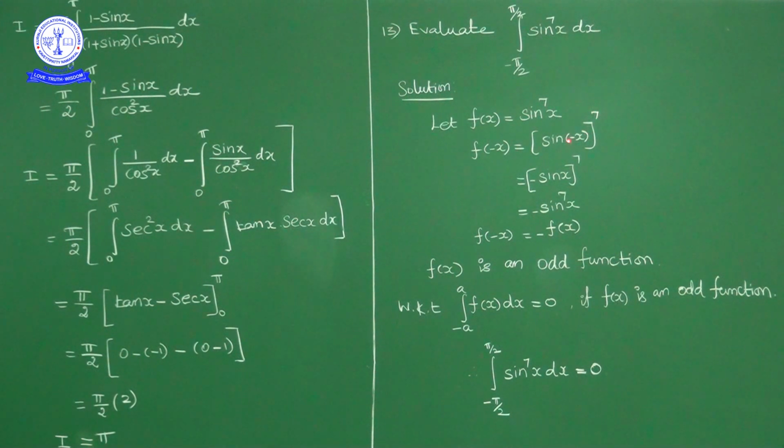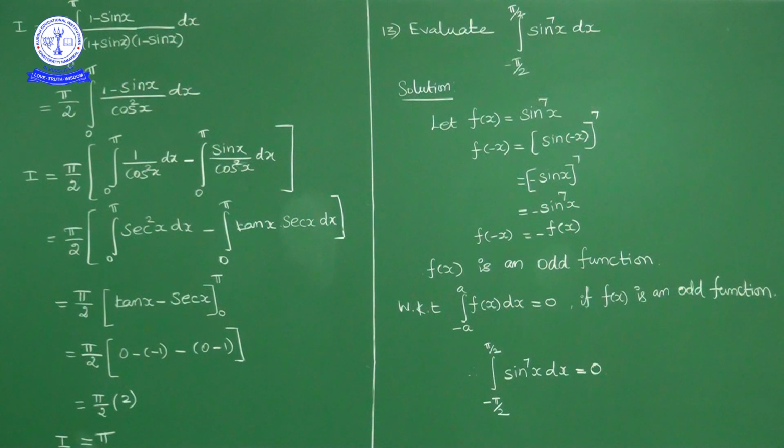Now sin of minus x is what? Minus sin x. Minus sin x whole power 7 is what? Minus sin power 7x. Okay, nothing but minus f of x. So f of minus x is equal to minus f of x. F of x is an odd function.